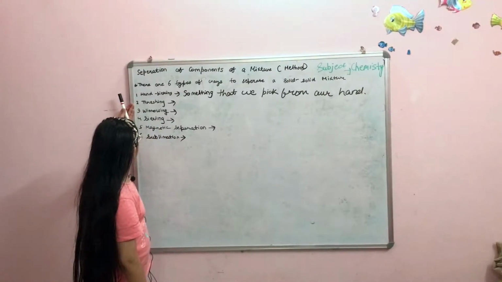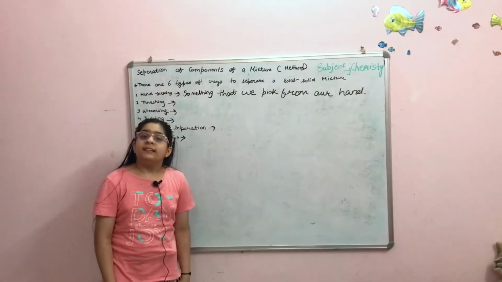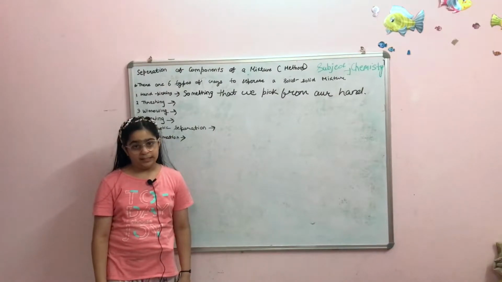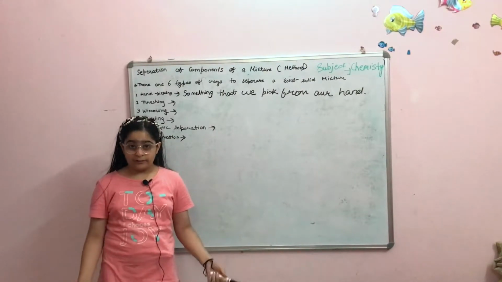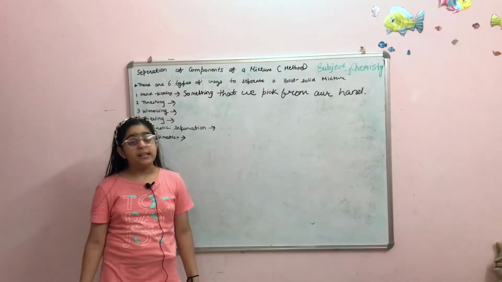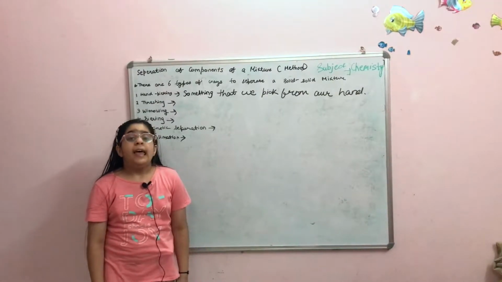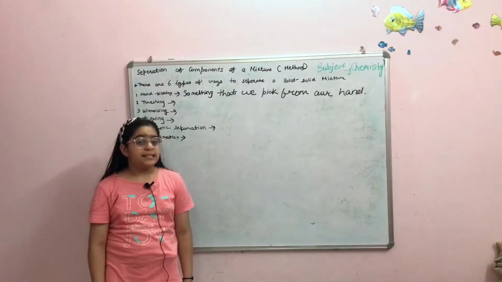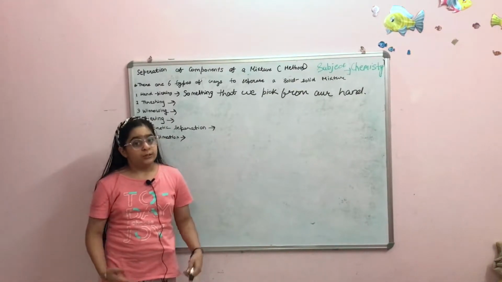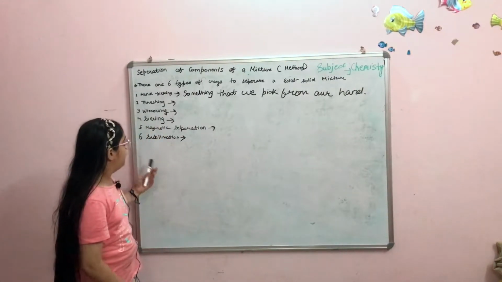So now the second point is threshing. There is a field of wheat and the grains are grown on the stalks. If we take a bunch of 10 or 15 stalks and beat them, the grains are separated from the stalks. So this process is known as threshing.